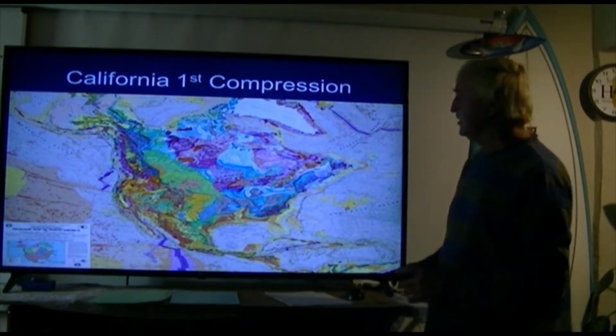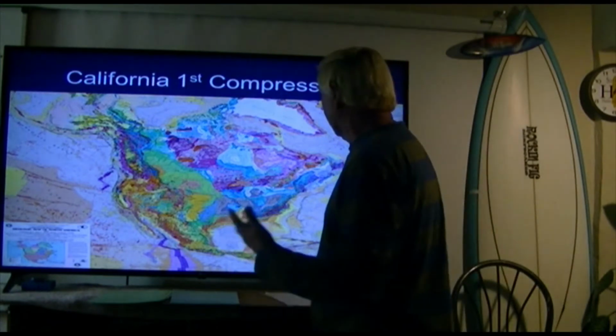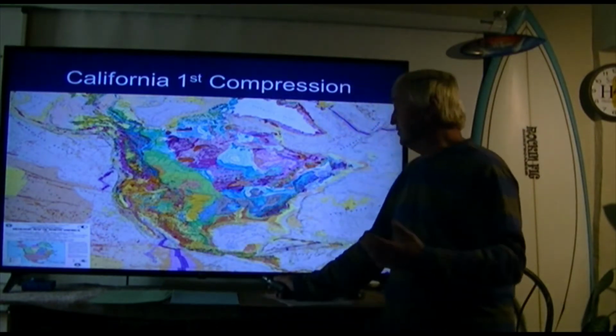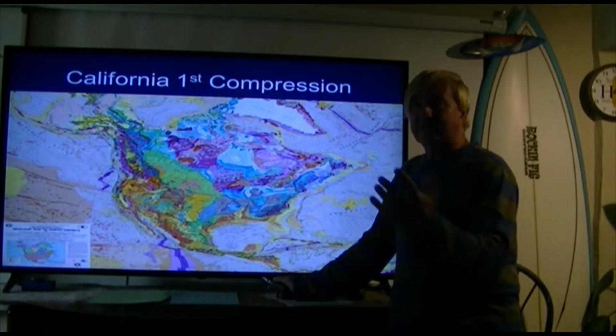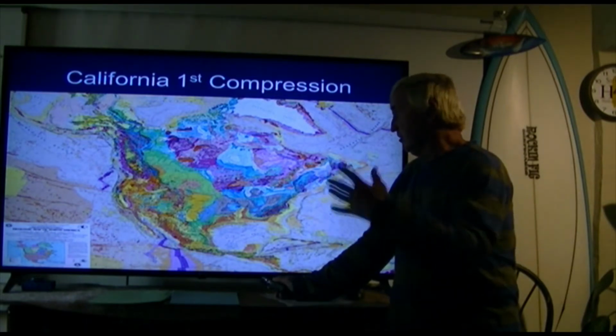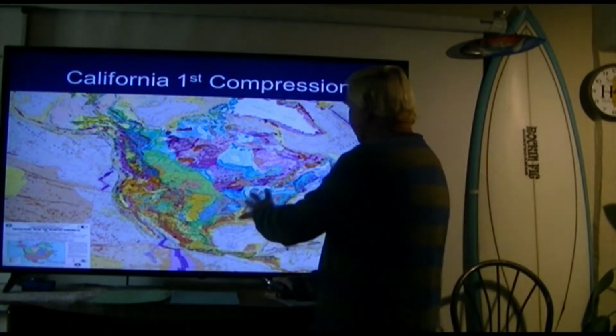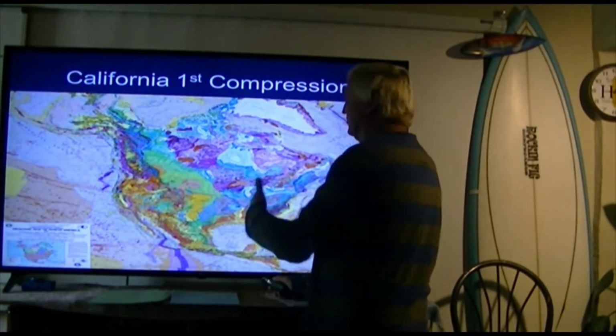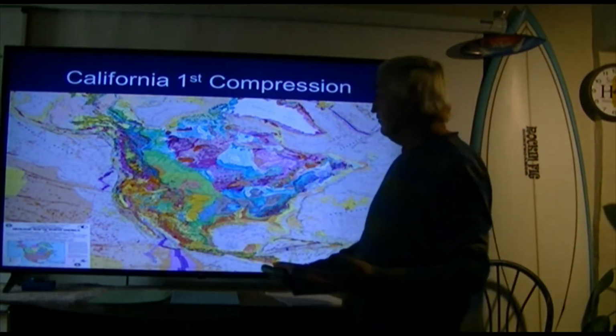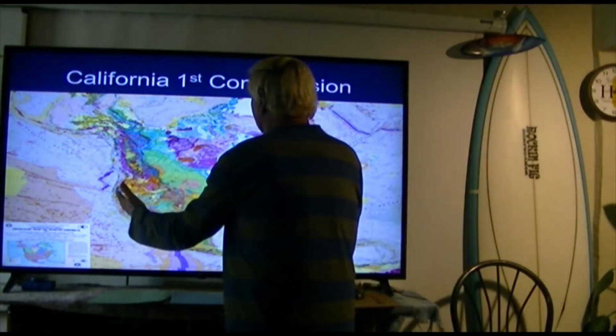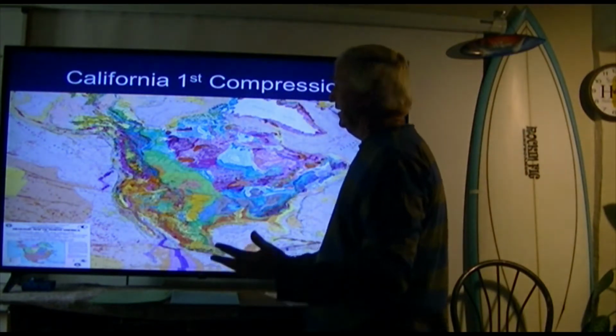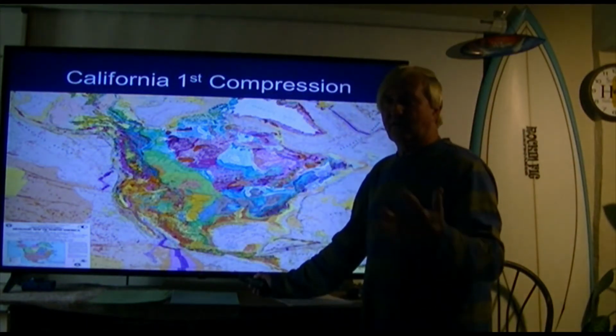If you look at the United States, we talked about this when we talked about the geology of the United States, and then we spent an entire class last time dedicated just to California. We see all these different colors here are different types of rocks. And so California, first it was basically a very laid back setting.